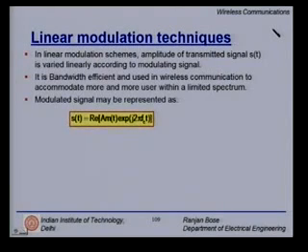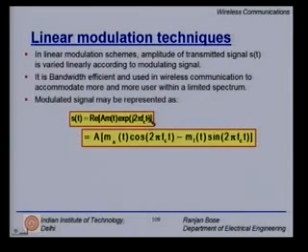The modulated signal may be represented as s(t) equals the real part of A, which is the amplitude, m(t), e raised to the power j2 pi fc t. Here fc is the carrier frequency. If you expand it out, it can be written as m_r(t) cos 2 pi fc t minus m_i(t) sin 2 pi fc t.